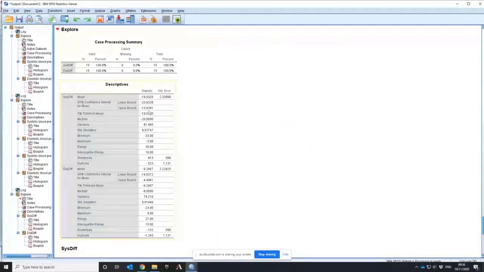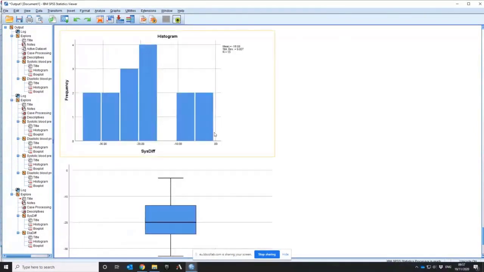So I press OK. The confidence interval from this one is from -24 to -14. That definitely doesn't contain 0. And the other one is -14 to -4. And that definitely doesn't contain 0 either. So by looking at the confidence intervals of the differences, I can tell that my drug is working.